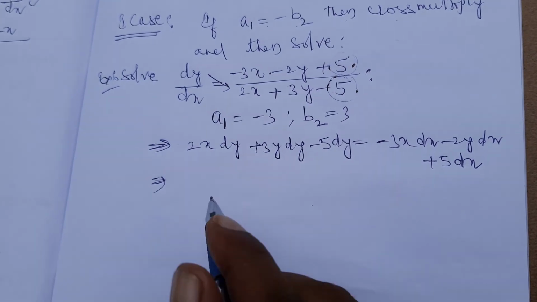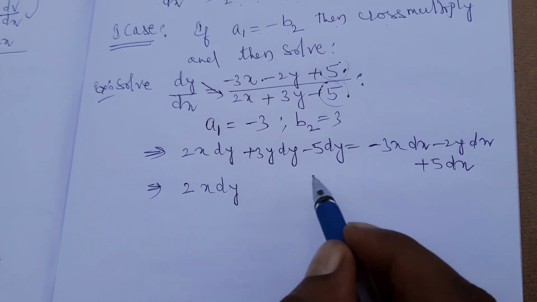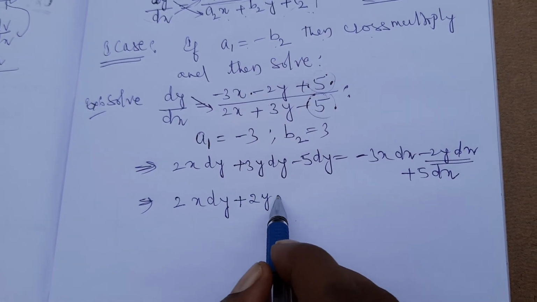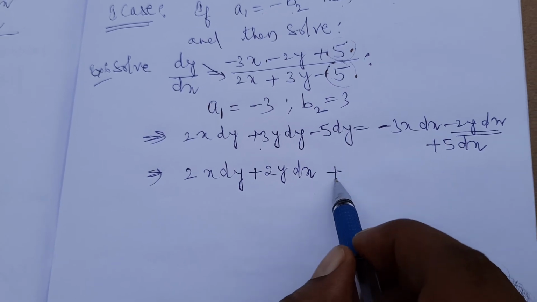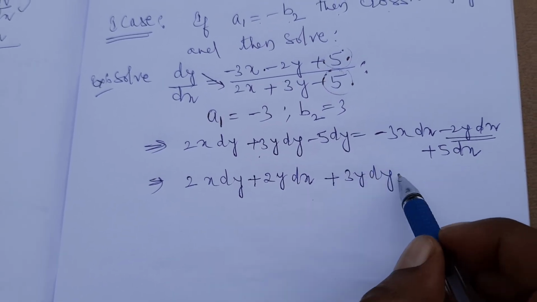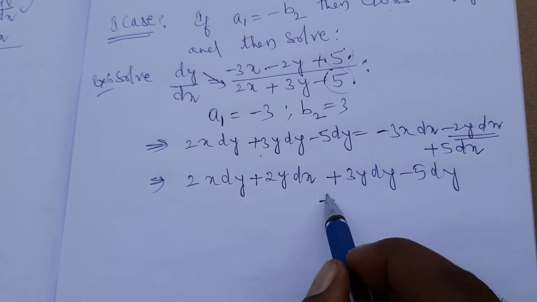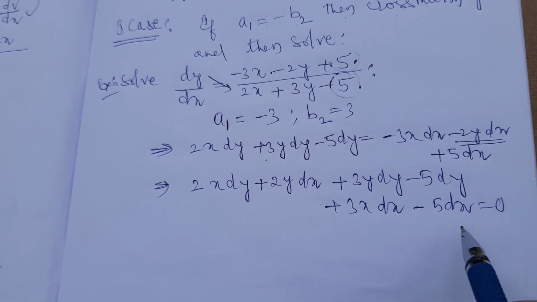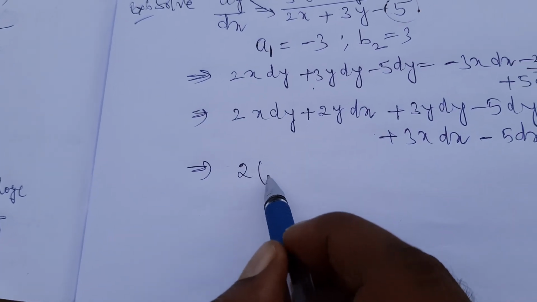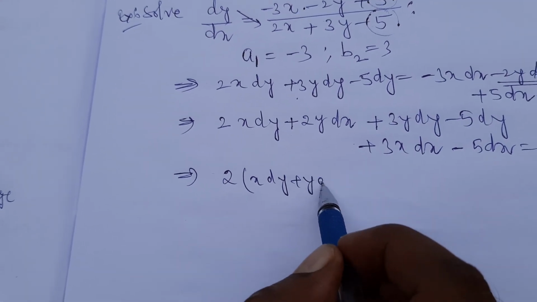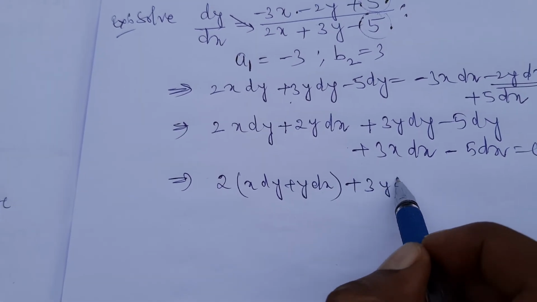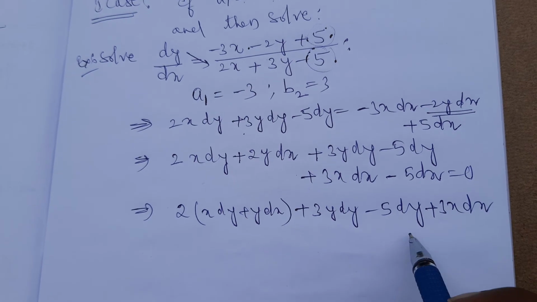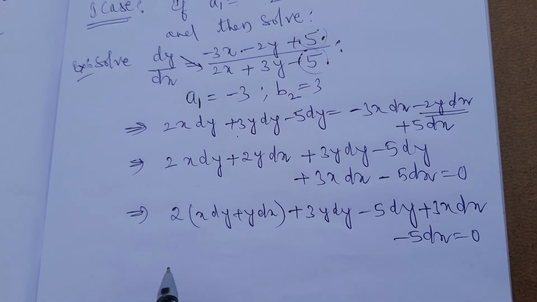Now bring the minus 2y dx to this side, so it changes to plus 2y dx. Then we have 2x dy plus 2y dx plus 3y dy minus 5 dy plus 3x dx minus 5 dx equal to 0. Taking 2 common, 2(x dy plus y dx) plus 3y dy minus 5 dy plus 3x dx minus 5 dx equal to 0.